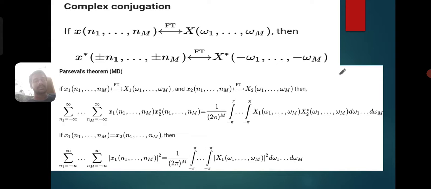If x1 of n1 to nm equals x2 of n1 to nm, then the sum of mod x1 of n1 to nm squared equals 1 by 2 pi to the power m times the integral of mod X1 of omega 1 to omega m squared.